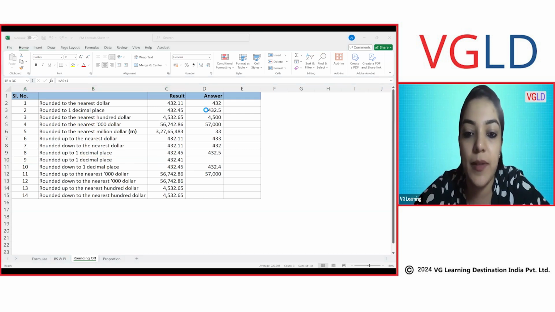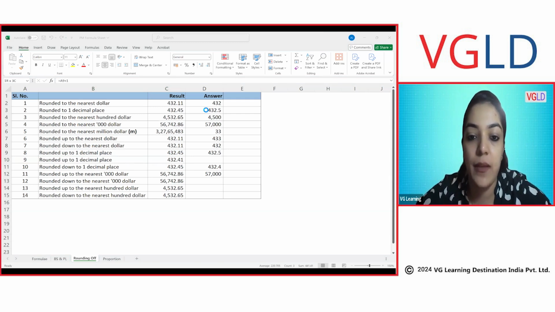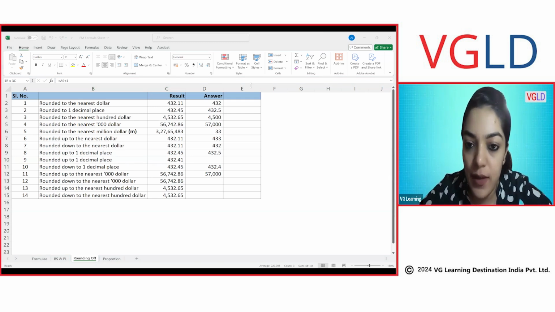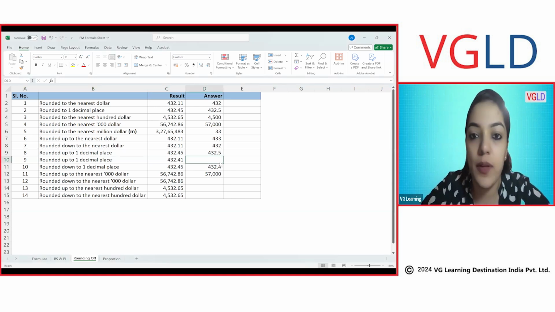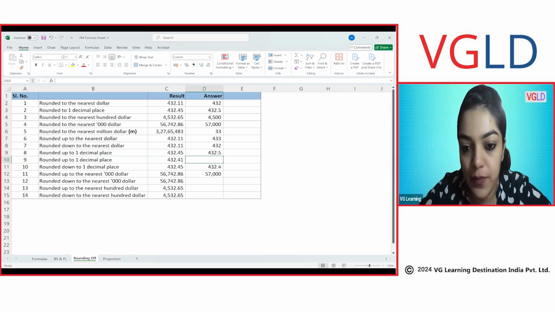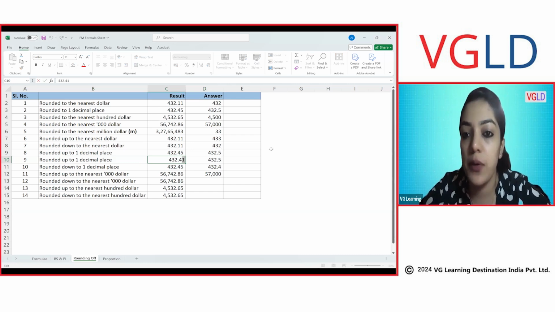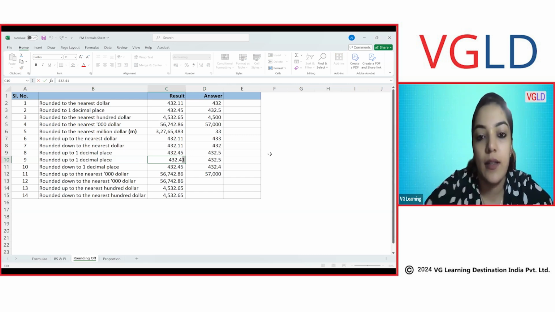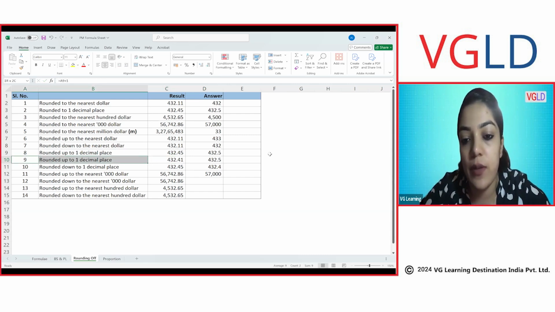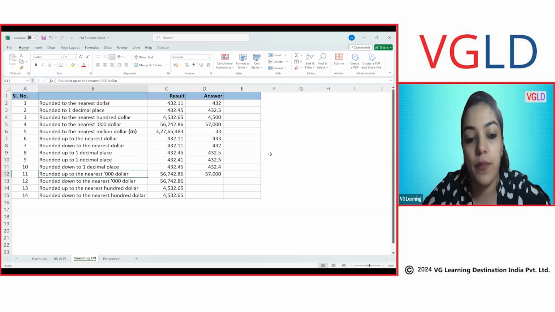Think carefully. So absolutely right. It will be 432.5. So remember, you have to ignore the number after the point of rounding off. You always have to take it up, even if it is less than 5. So this will also be 432.5.